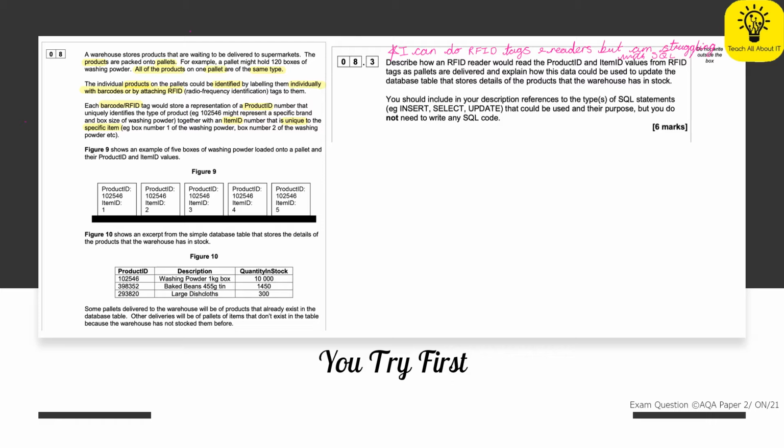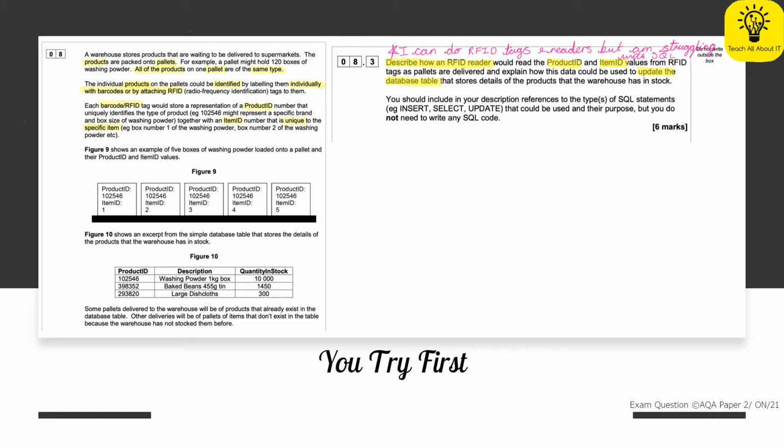So we know that we're going to have to describe how an RFID reader is going to work. We need to talk about the product ID and also the item ID, which is being read in based upon these pallets. And then we need to talk about how we would update the stock database table, or the database table, based upon the warehouse.